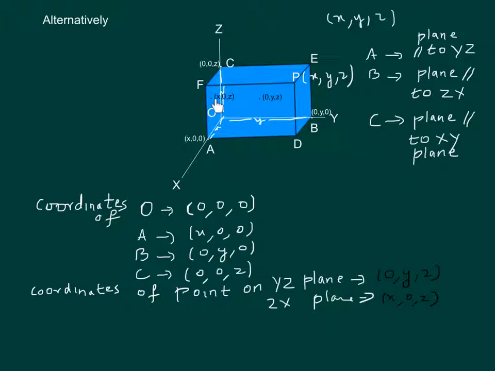Here our ZX plane is AOCF. Similarly, any point on the xy plane will have coordinates x, y and 0. Here AOBD is our xy plane.